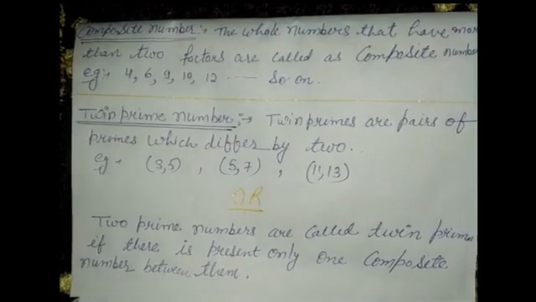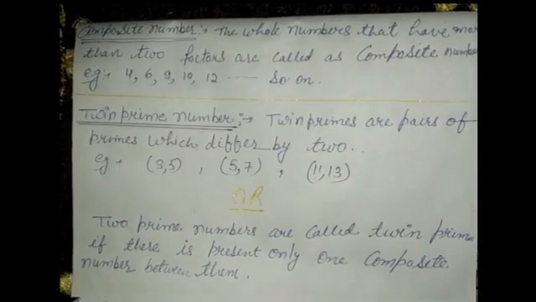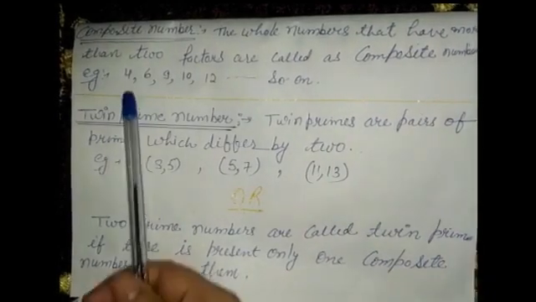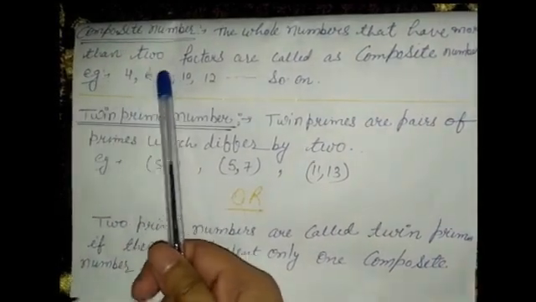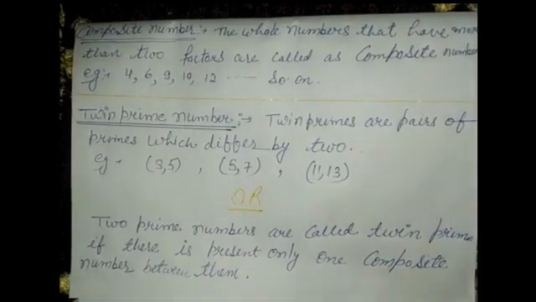Or you can also say that these numbers are divisible by other numbers as well. Means these numbers can be divided by some other numbers too, like 4, 6, 9, 10, 12, 15, 16. You can say these are just the opposite of prime numbers.